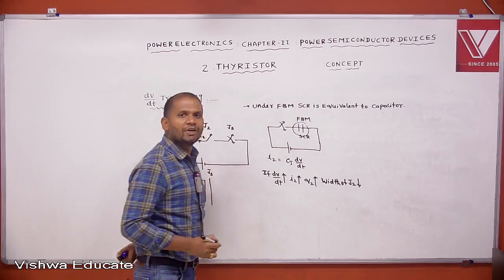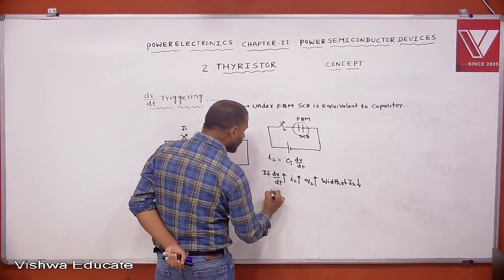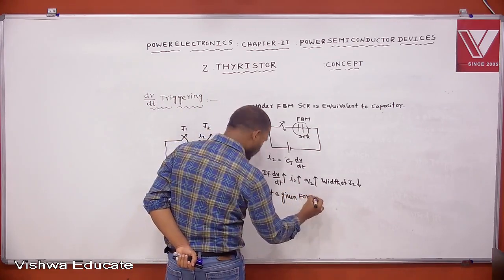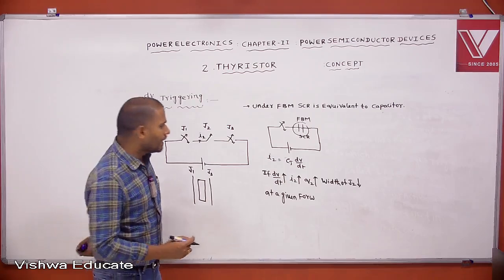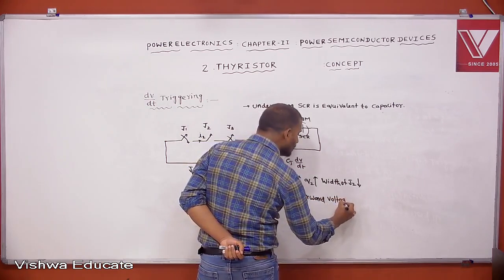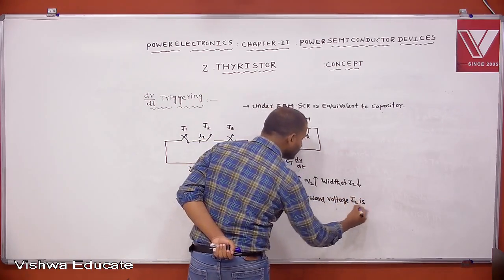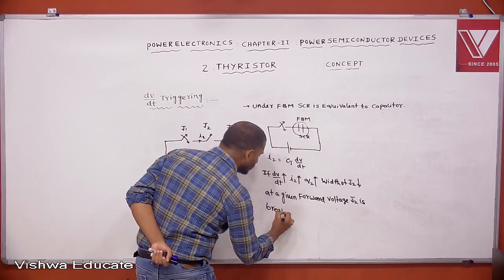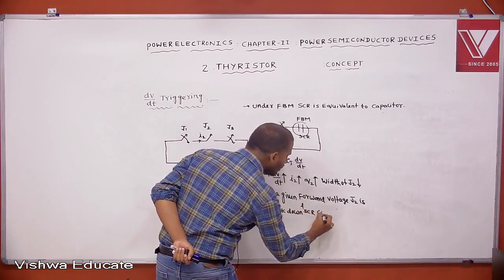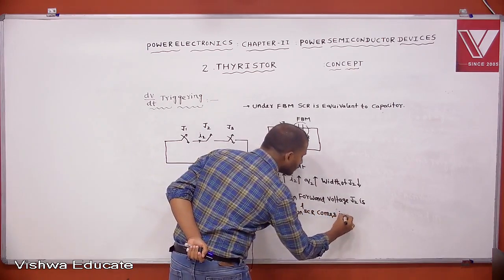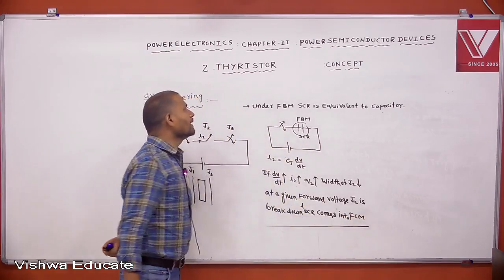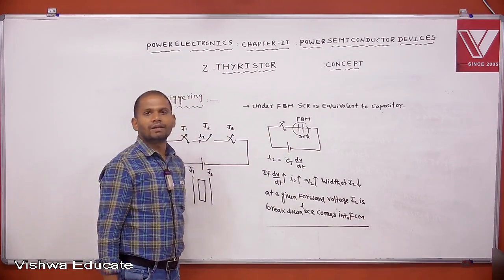When the width of J2 reduces, at a given forward voltage, J2 breaks down. J2 breaks down, and SCR comes into forward conduction mode. This is exactly the dV by dt triggering method.